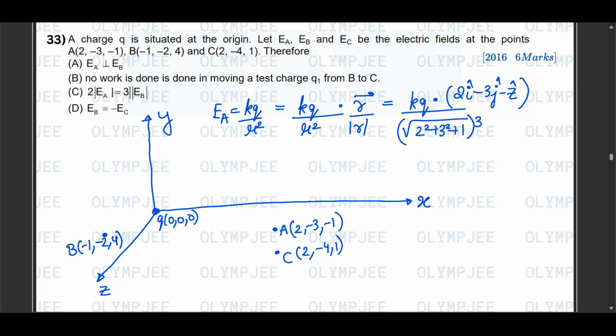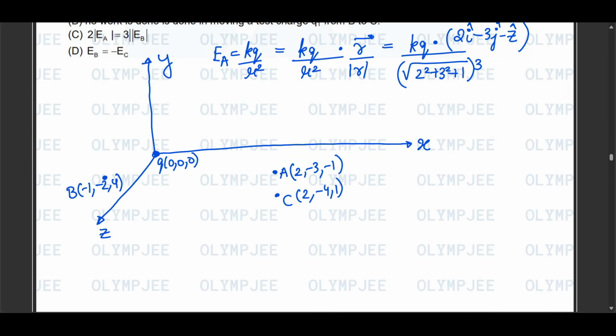So similarly, EB can be written as kQ by root of (1 square plus 2 square plus 4 square) cubed multiplied by minus i cap minus 2j cap plus 4k cap.